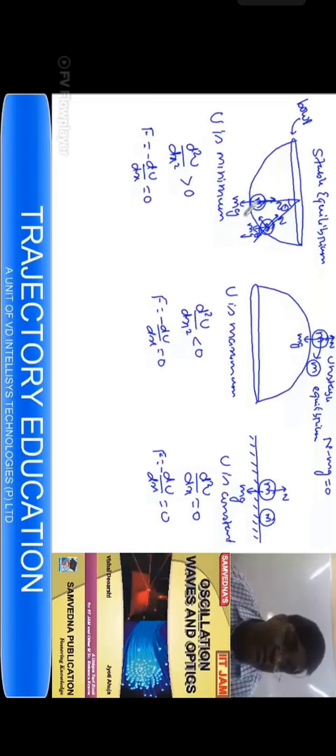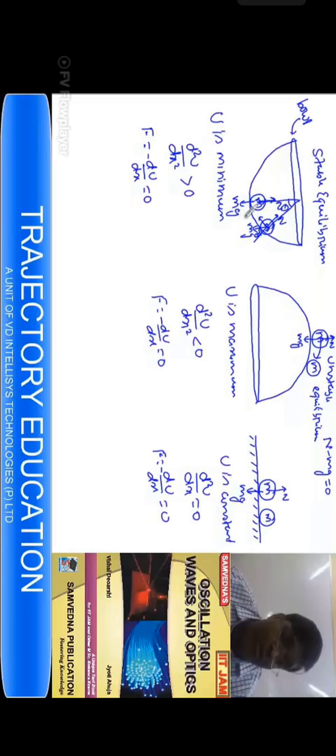And not just this, the body must have inertia as well. If the body does not have inertia, the body may come back and remain at rest over here. It's only because of inertia that it overshoots.